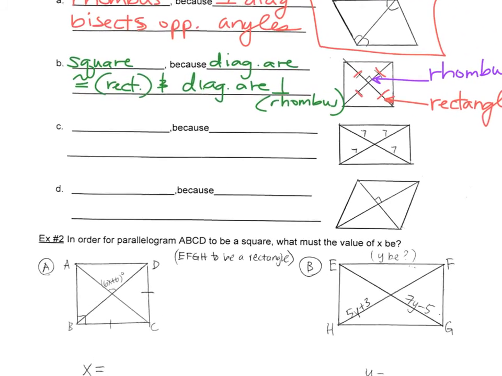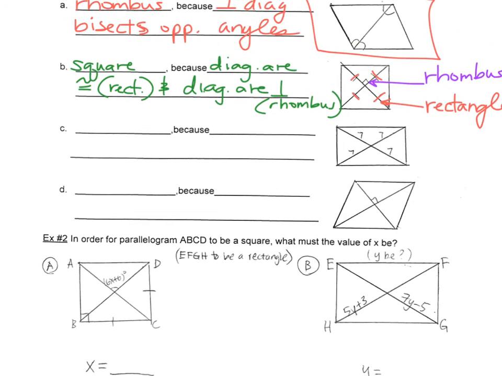All right, third one here. So you have 4 segments that all have a length of 7. Rhombus, rectangle, or square. Rectangle. Why is it a rectangle? Right.